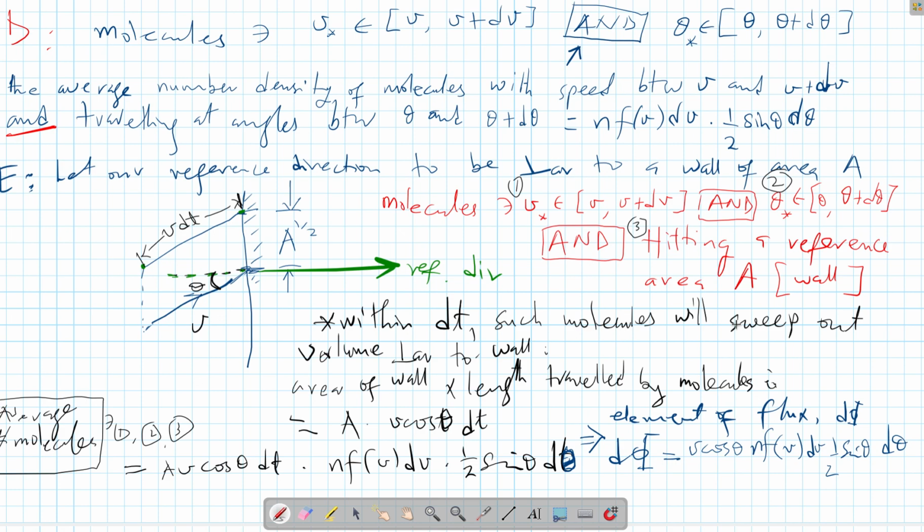So from here we can go on to compute the flux of molecules. It's just a matter of integration. So we integrate or sum out the different d thetas to get the result that we want.